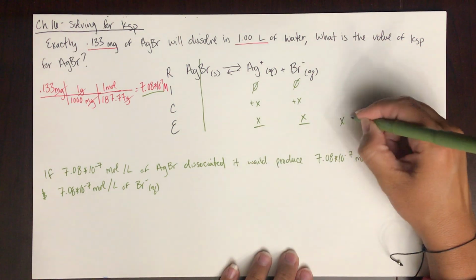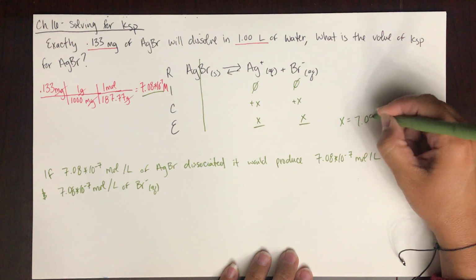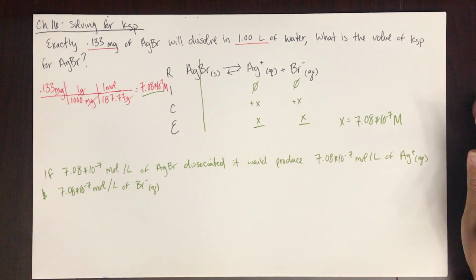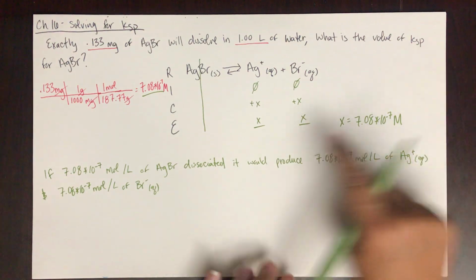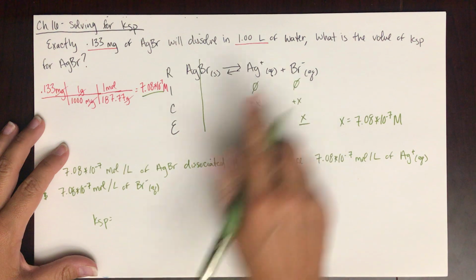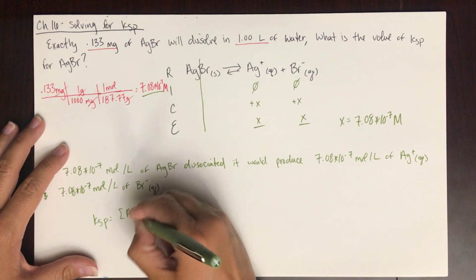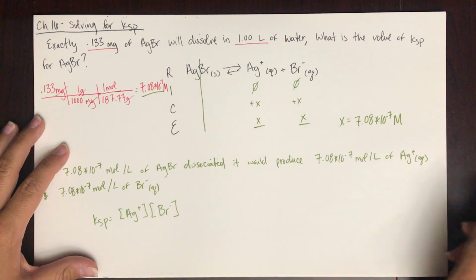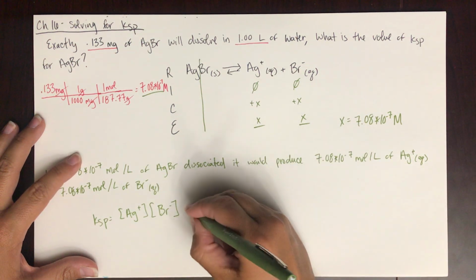So we can say X equals 7.08 times 10 to the negative 7th molar. That's what X is. So the KSP is essentially X squared. KSP equals the concentration of the silver ion times the concentration of the bromide ion, which is X times X.